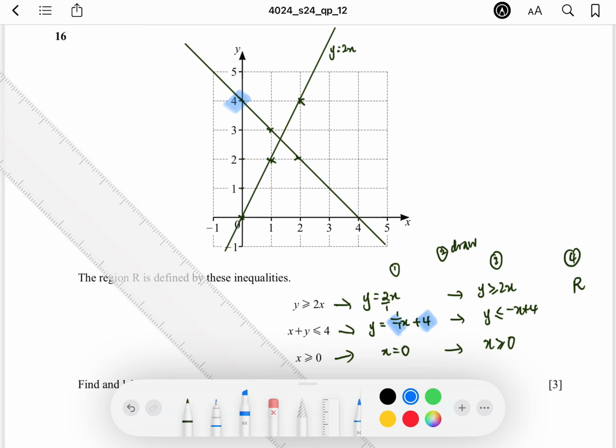Rise over run, rise and then run, negative goes to the left, positive to the right. So because this is negative, it means run to the left. Okay, so to the left, that's why the point is here. So you get that one.